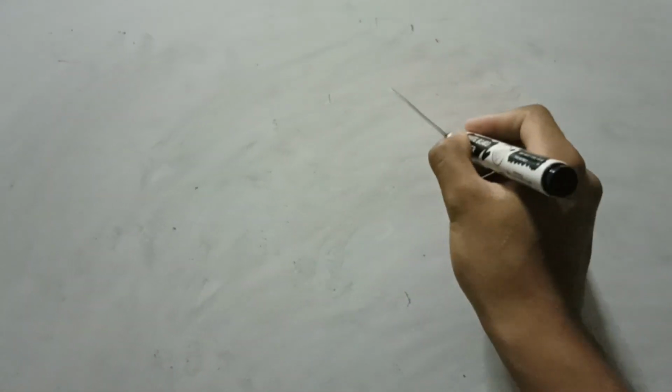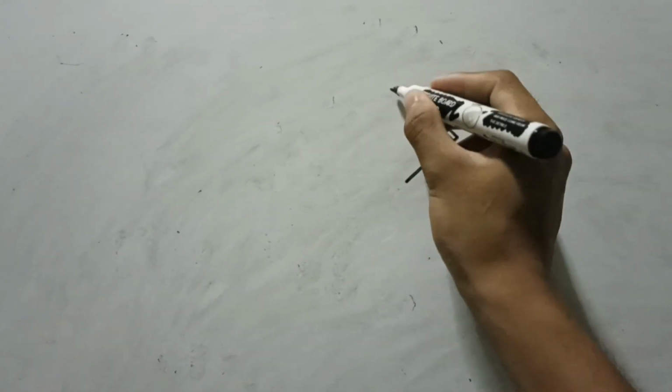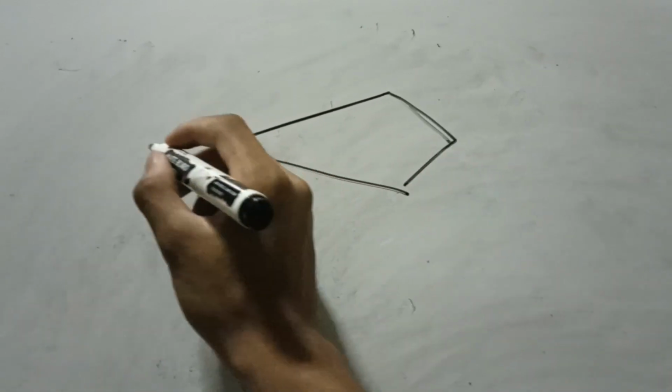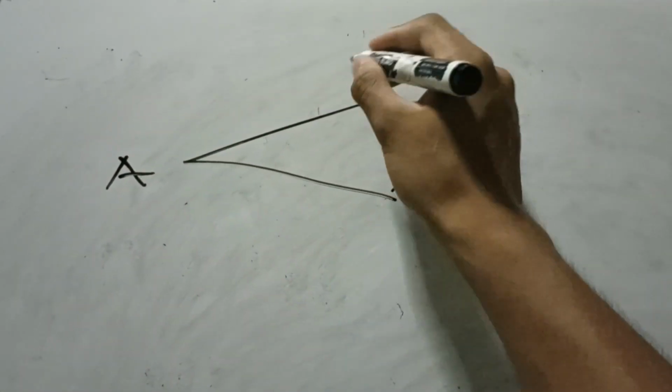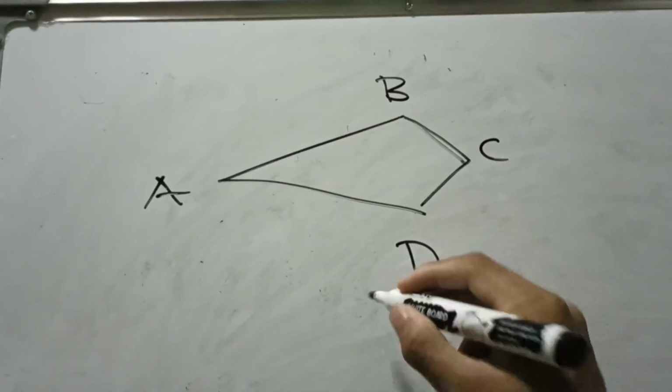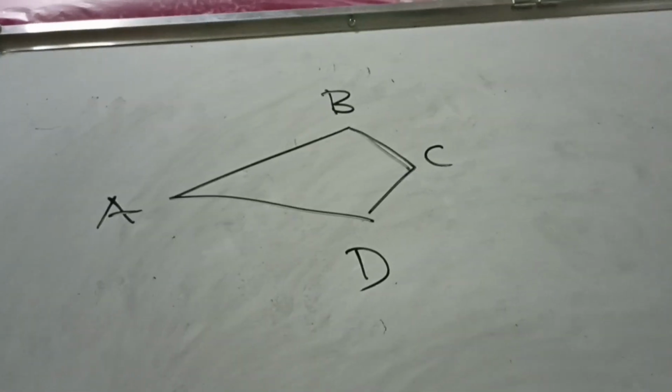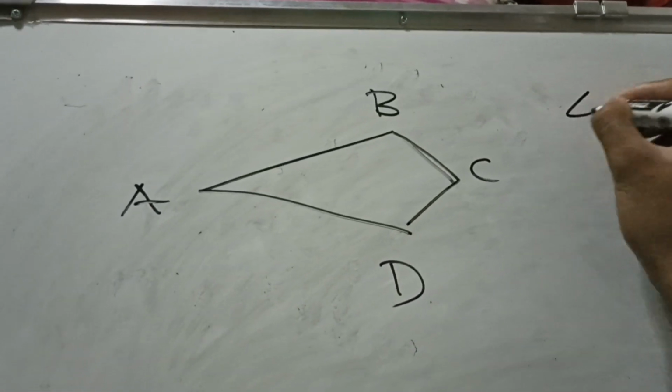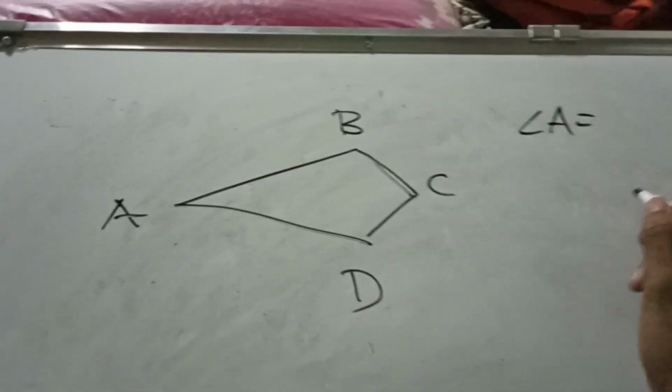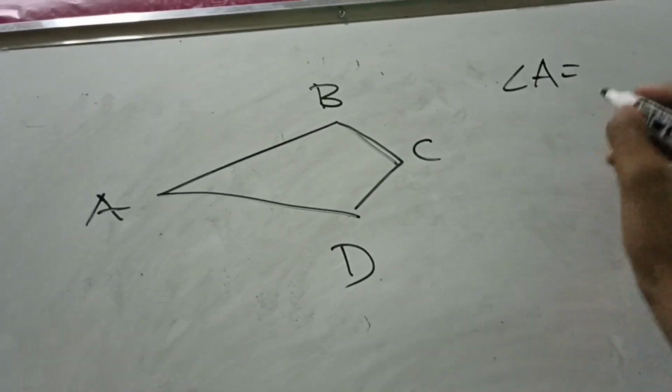Now let's work on examples that include kites. Let's call this A, B, C, and D. Angle A is equal to 40 degrees.